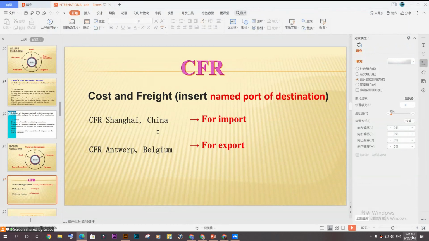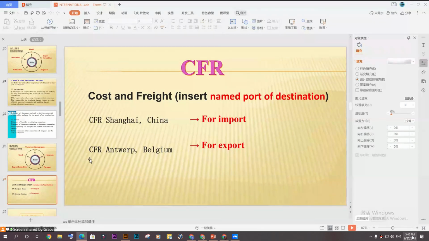Okay, let's look at these examples here. If there is CFR Shanghai, China, you guys should understand Shanghai is the port of destination. So this means a Chinese company imports something from a foreign country.